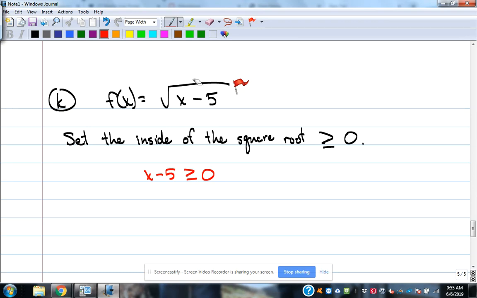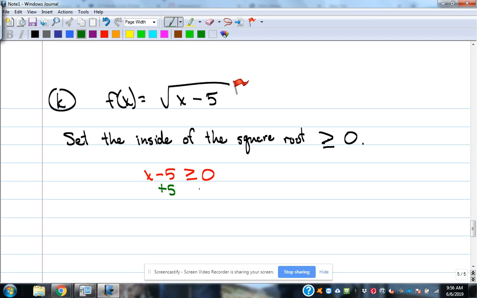It's always going to be that way. Whatever's inside of the square root, set it greater than or equal to 0 and get x by itself, or whatever letter we're dealing with there. So for this one, how would we get x by itself? They're subtracting 5, so the opposite of that would be add 5.